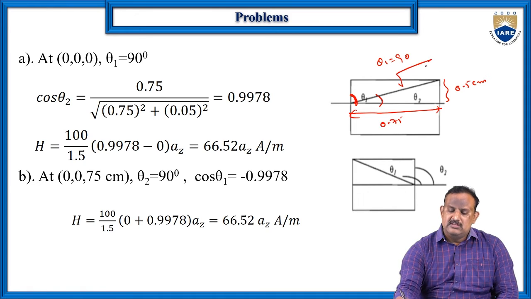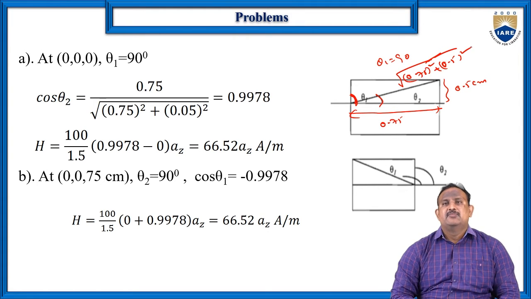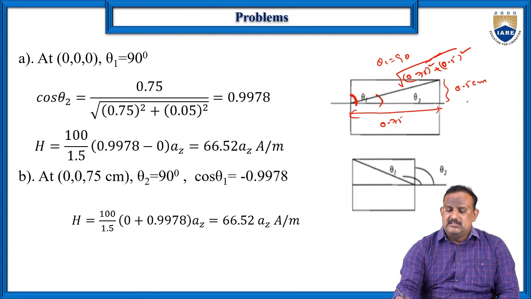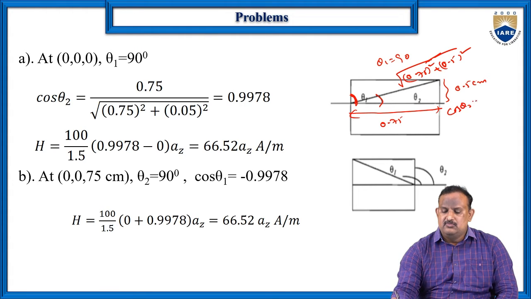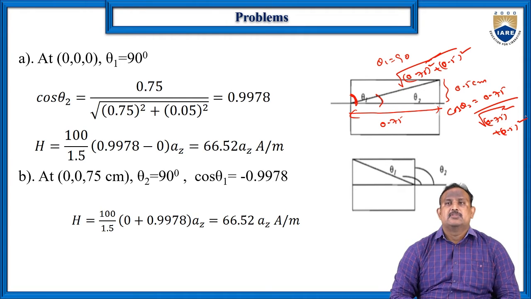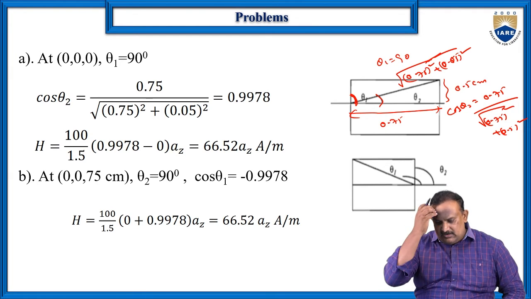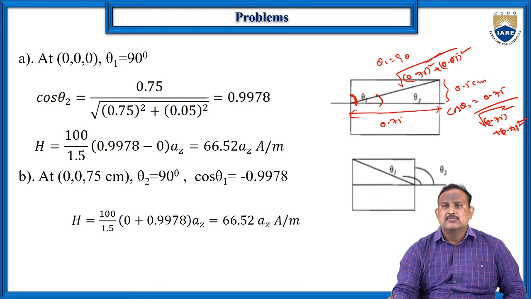Therefore the hypotenuse is the root of 0.75 square plus 0.05 square, and cos theta 2 equals 0.75 by root of 0.75 whole square plus 0.05 whole square.